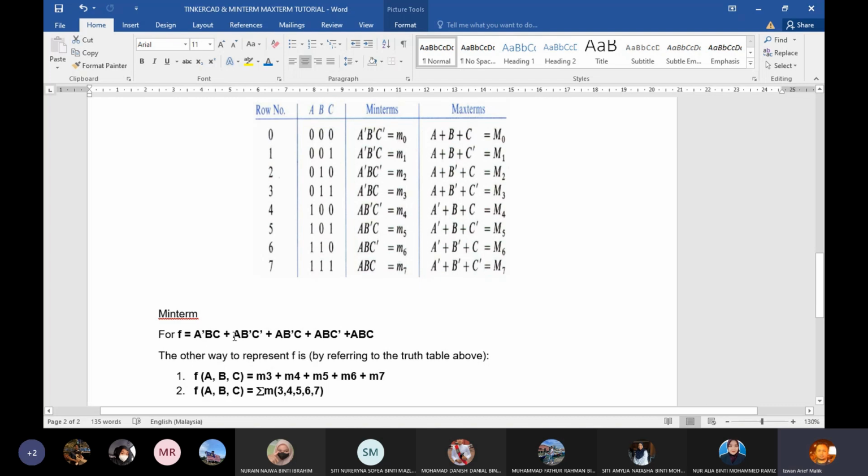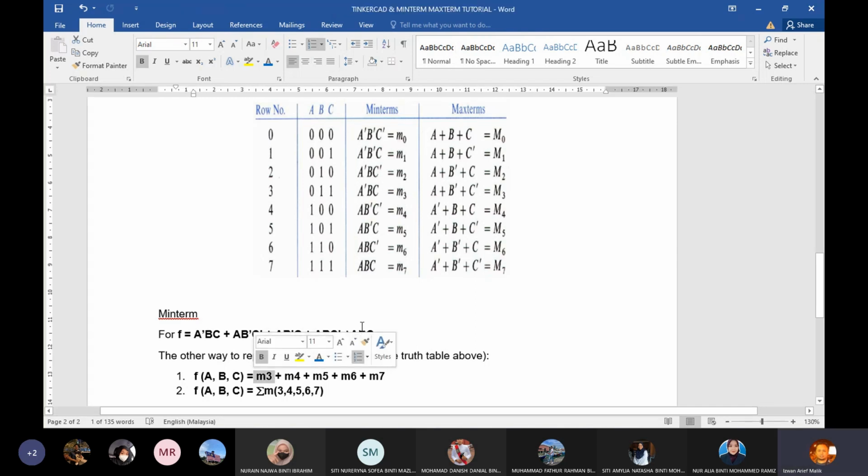So macam mana kita nak tengok, kita cari dululah A bar BC ni, A bar BC is m3. So you boleh gantikan dia jadi m3. And then A B bar C bar is 4, jadi m4. A B bar C is 5, m5. A B C bar is 110 iaitu m6.